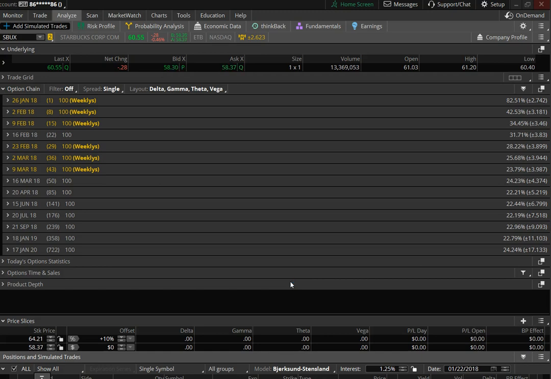But does that give the option buyer an edge, or the option seller? Therein lies the paradox, because that's what gives the option seller their edge, because the odds are on the side of the seller.